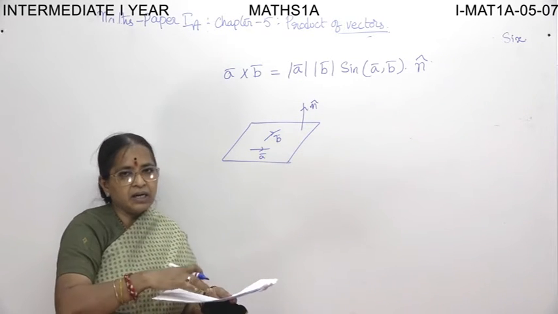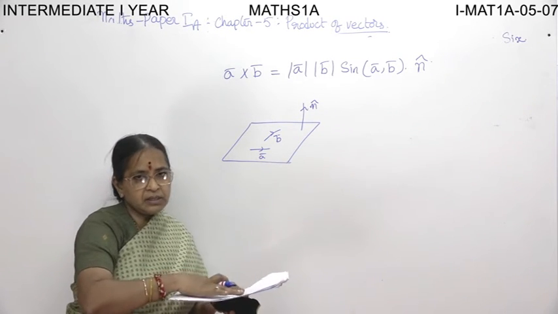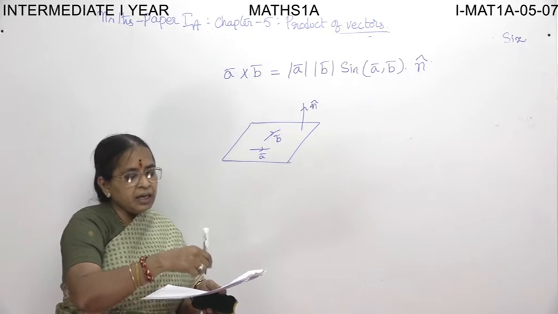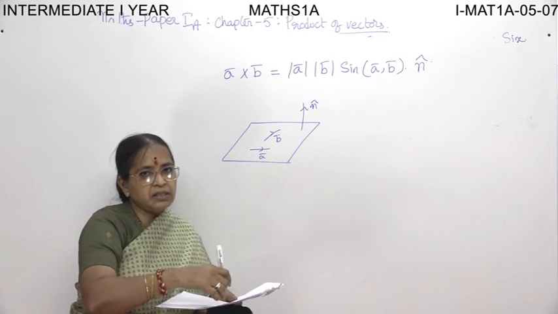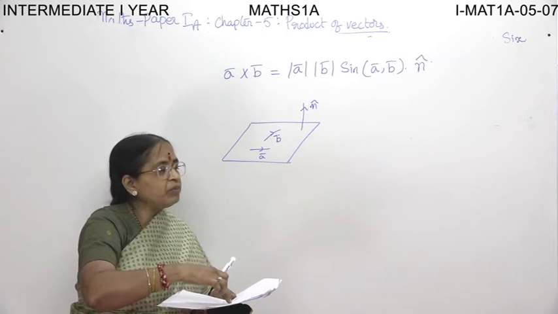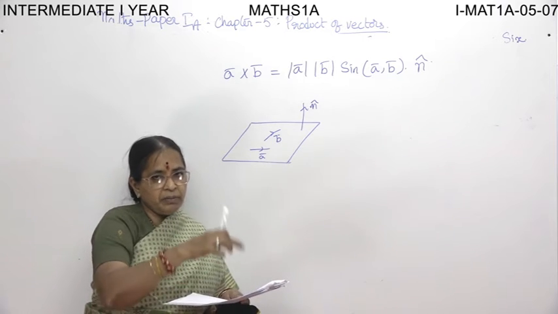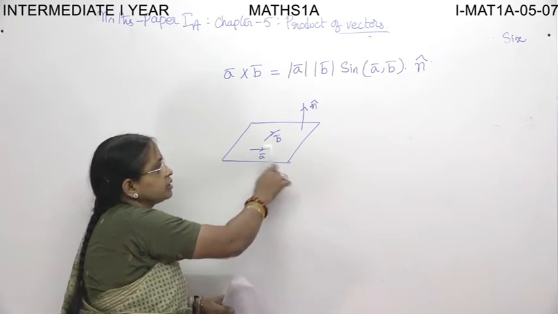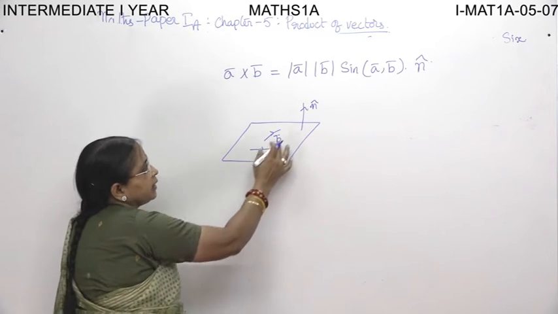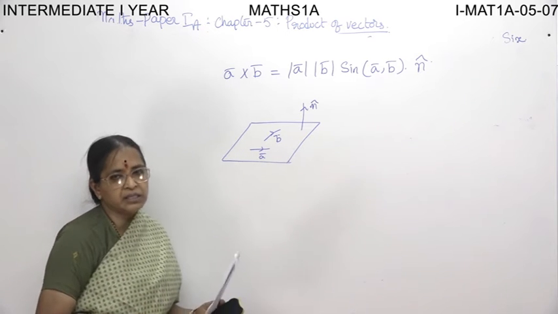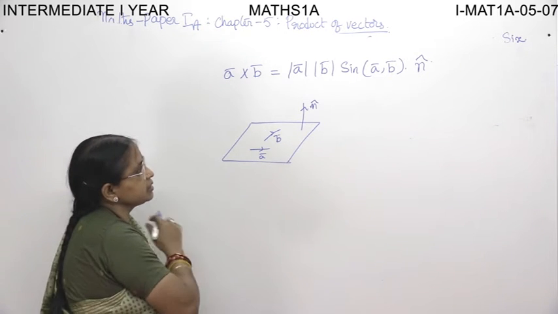Suppose the plane contains A and B, these 2 vectors are here. N cap direction is this, upwards from the plane, and it is perpendicular to this plane. So A, B, n cap form a right-handed system of vectors. So this is the definition.